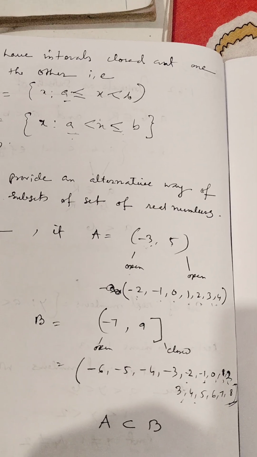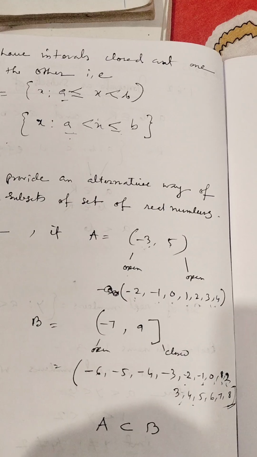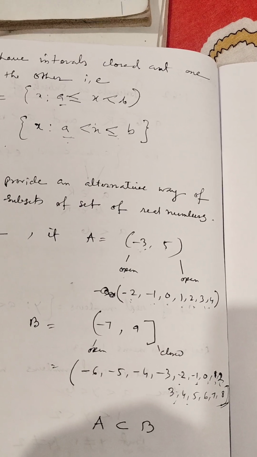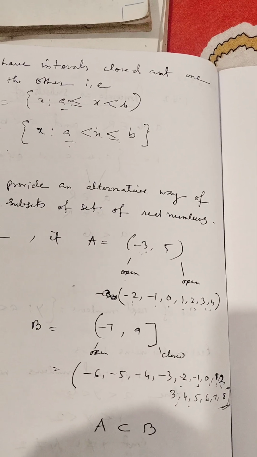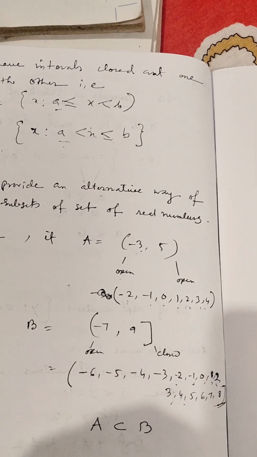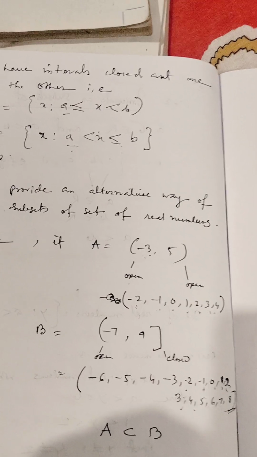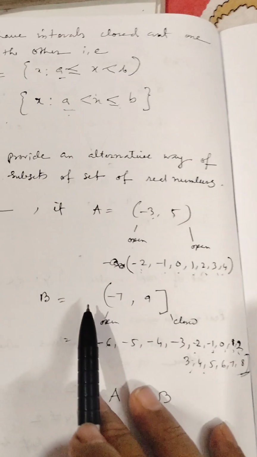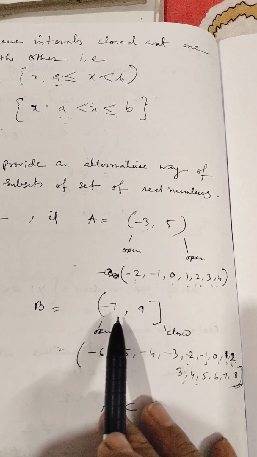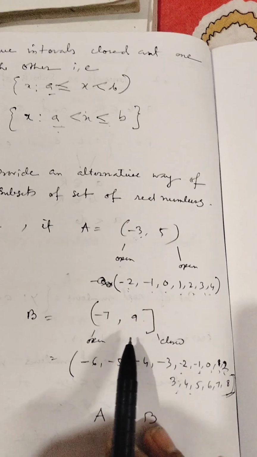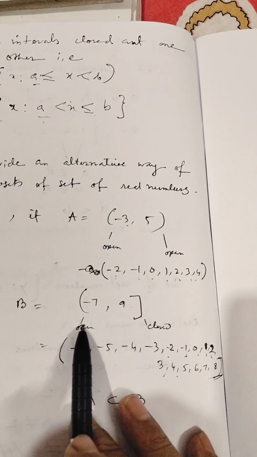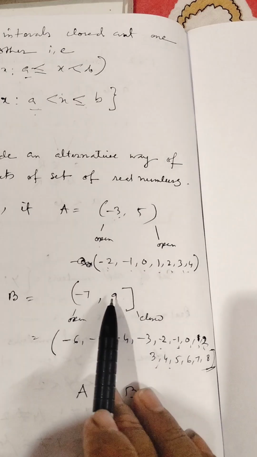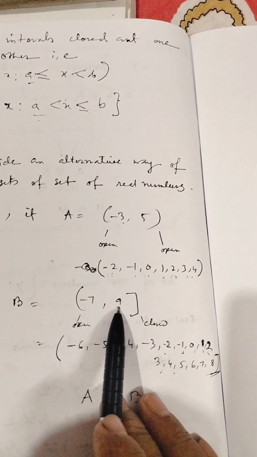If you understood, please comment. Otherwise, you cannot realize the whole set program. Understood? Now, B is (-7, 9]. That means -7 is open, and 9 is closed, that means it is including.